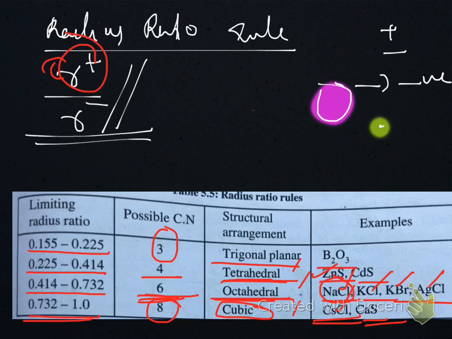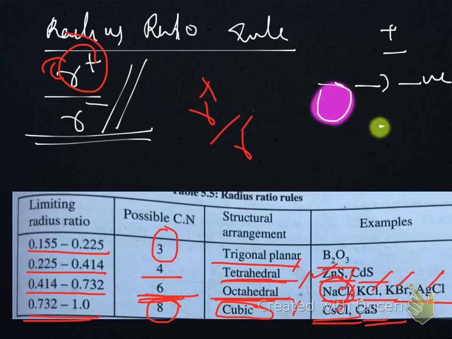This is the radius ratio rule. Based on this radius ratio, you can also identify the structural arrangement. In a question, you can be asked that in an ionic crystal of AB, radius of cation is this much and anion is this much. Identify the structure to which it belongs. Then you can calculate R plus by R minus.